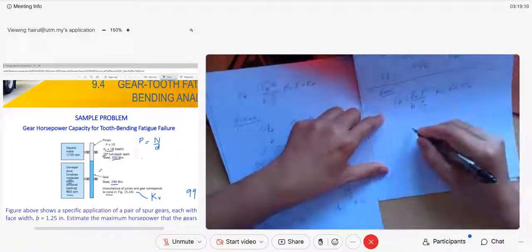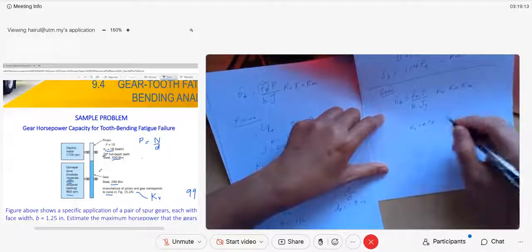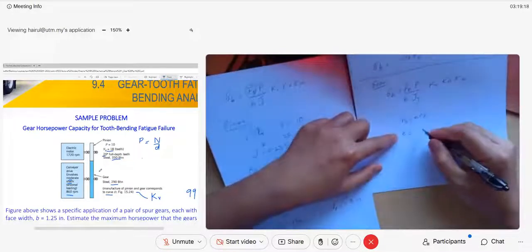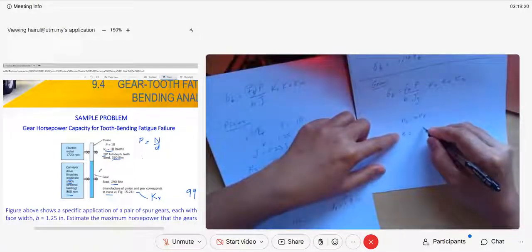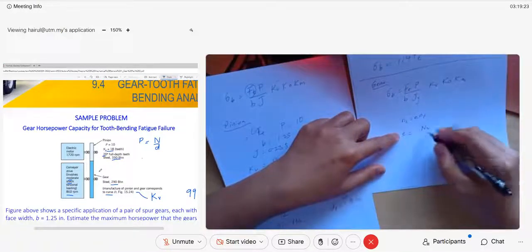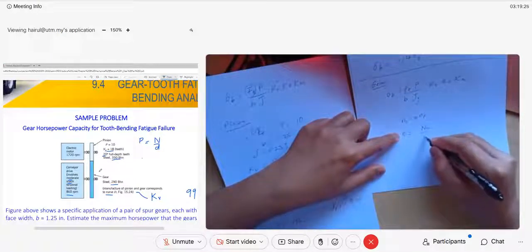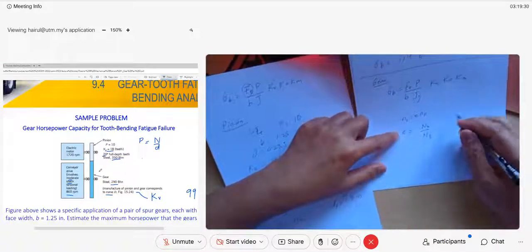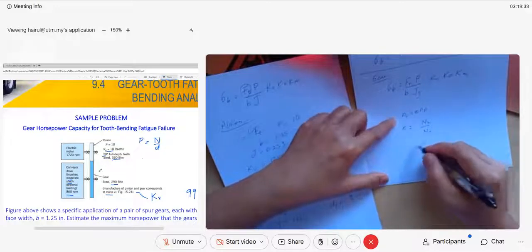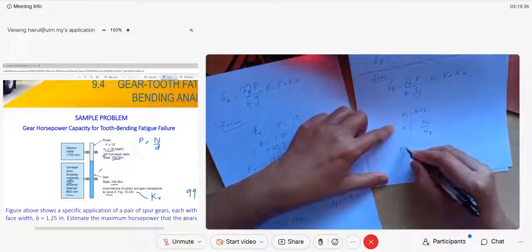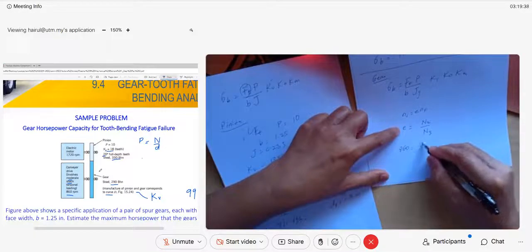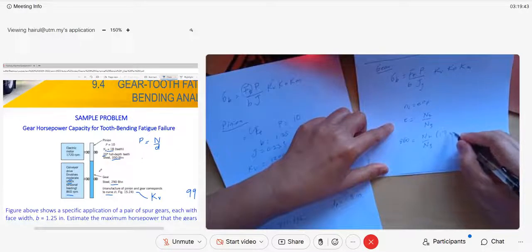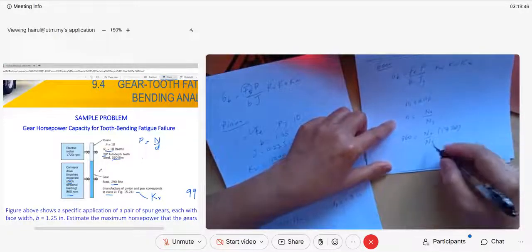Come on, what is the basic equation? N last equals e times N first, right? So what is your e? e is driver over driven, class. This is simple. This is the basic equation. e is what? Driver over driven, number of teeth, right? Let's say the pinion is N2, N3 is the gear, driven is N3. So this will be your e, N2 over N3. So N last is 860 RPM equals e, which is N2 over N3, times N first, which is 1720 RPM.